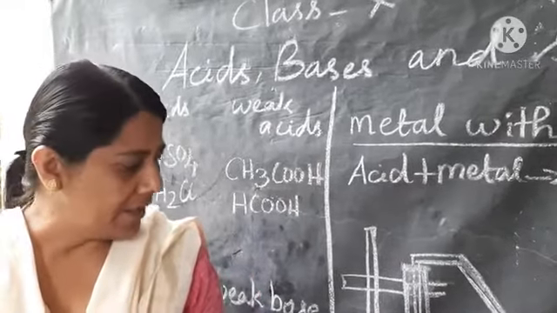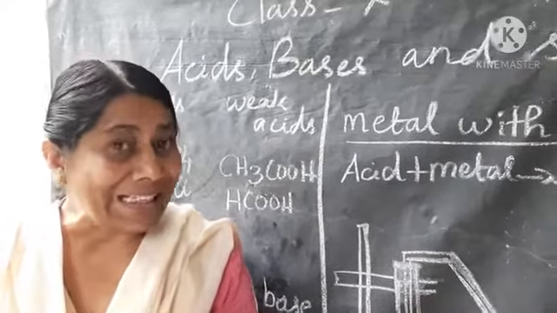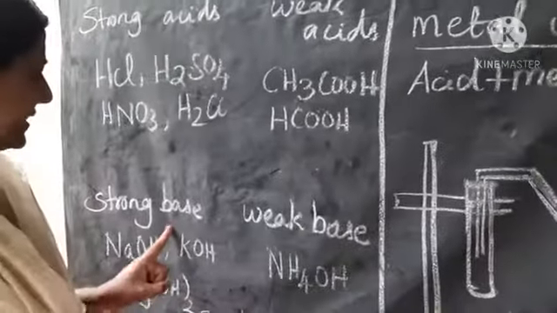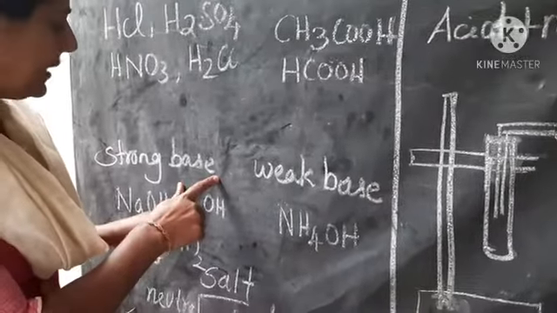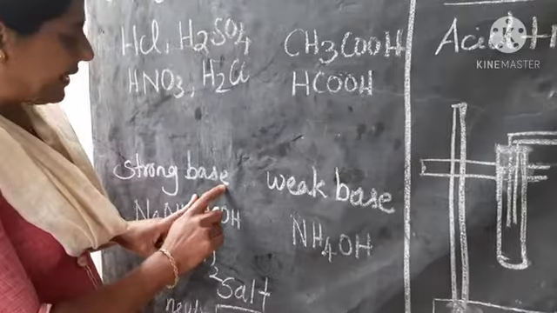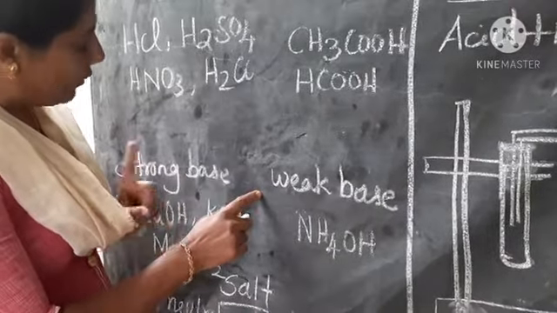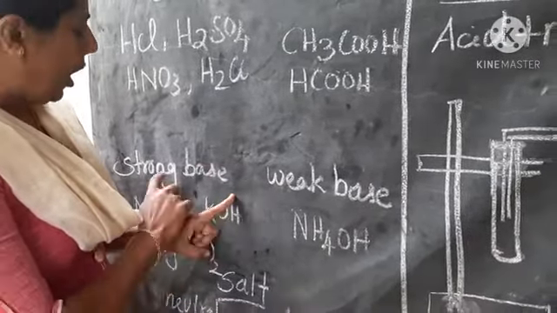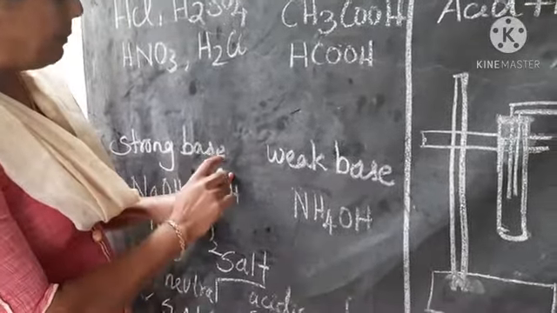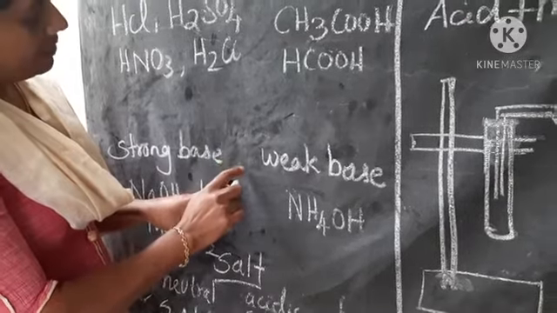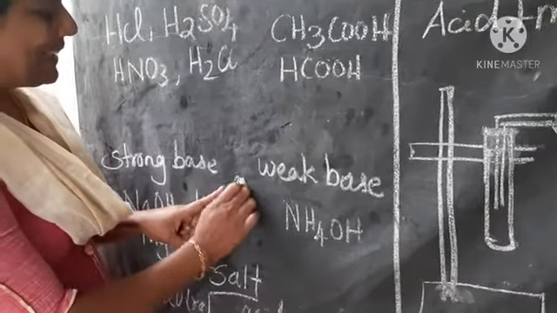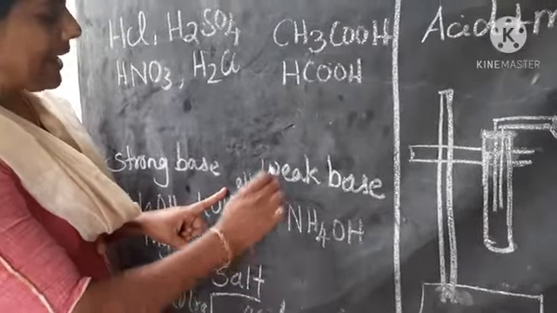These two points. Now you should know what an alkali is. A base which is soluble in water is called an alkali. Understood? All bases will not dissolve in water. Only some bases dissolve in water. Those are called alkali.